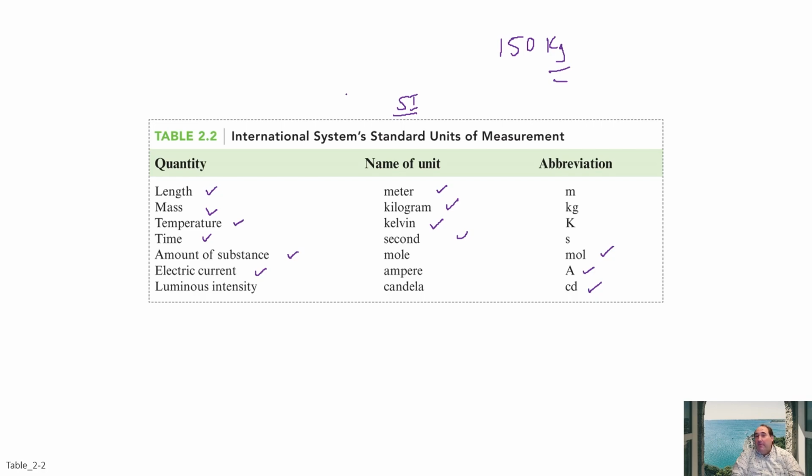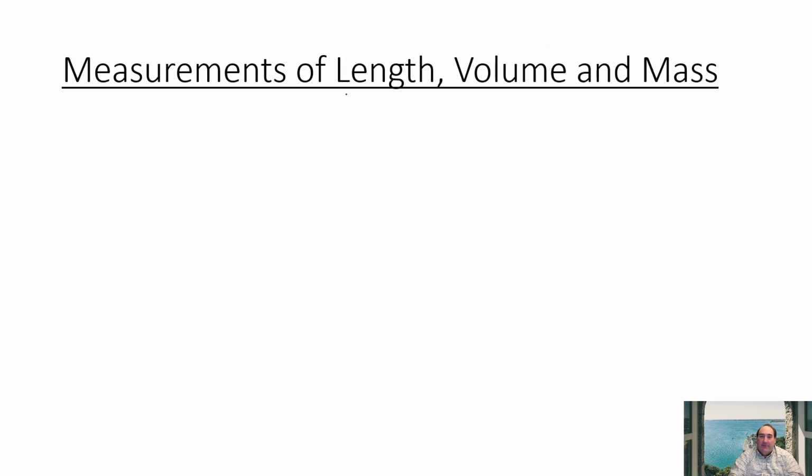So it's really important to recognize what a unit is and what quantity it represents. Is it a mass? Is it length? Is it temperature? Is it time? So make sure that you get into a habit of understanding what the unit represents and what you're talking about, so there are no misunderstandings.